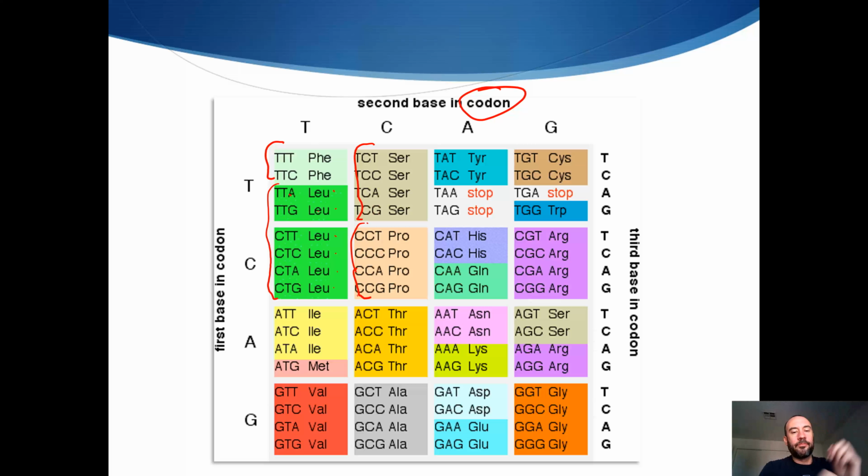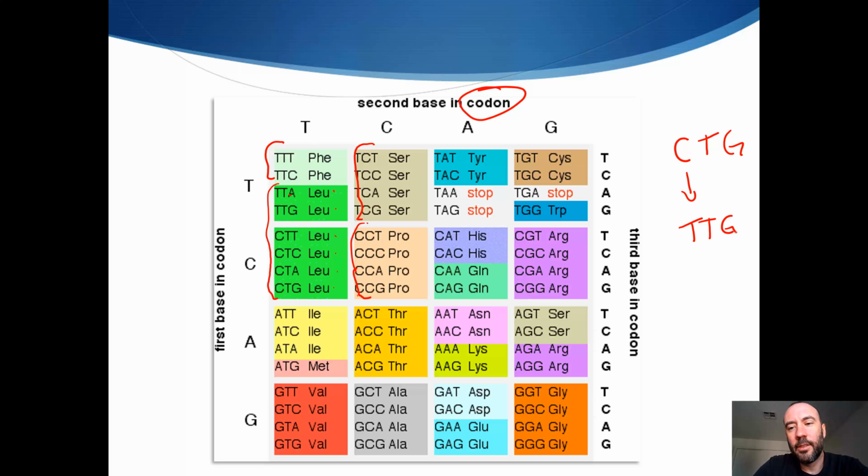Because imagine that you have a CTG sequence in your DNA and there's a mutation, right? And all of a sudden, the C mutates to a T. Now you have TTG. Oh no. What if that screws up your protein and that screws up something else down the line, and that essentially gives you a genetic disease?